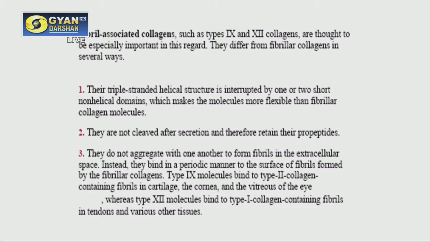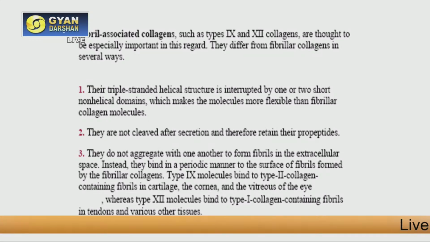For example, type 9 molecules bind to type 2 collagen-containing fibrils in the cartilage, the cornea and the vitreous of the eye, whereas type 12 molecules bind to type 1 collagen-containing fibrils in tendons and various other tissues.